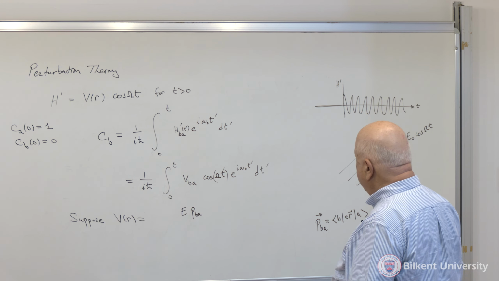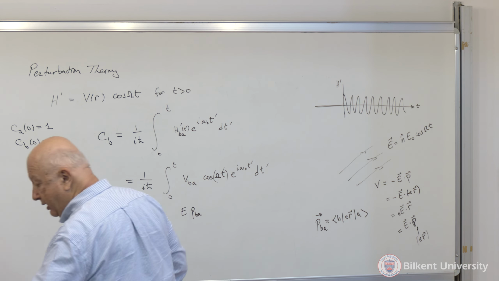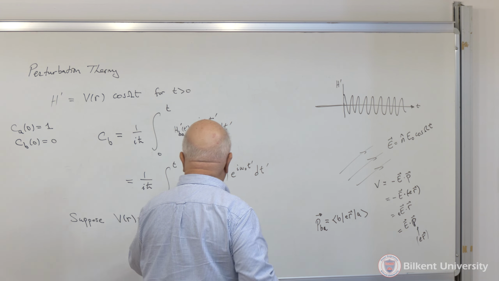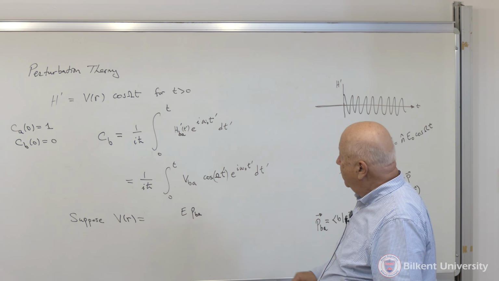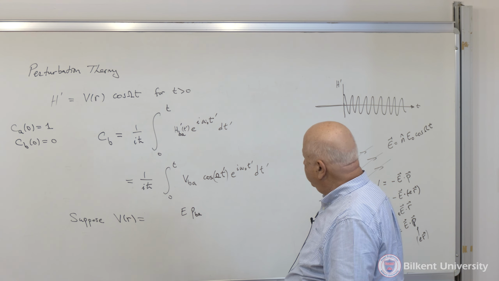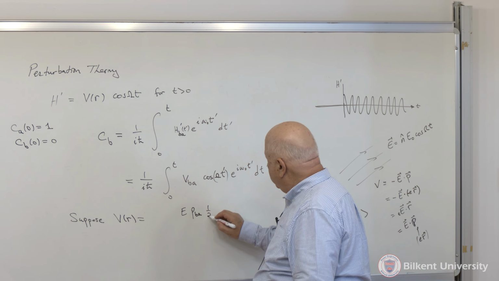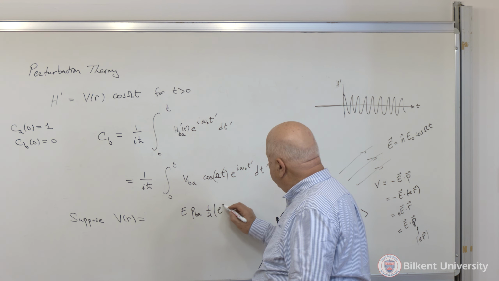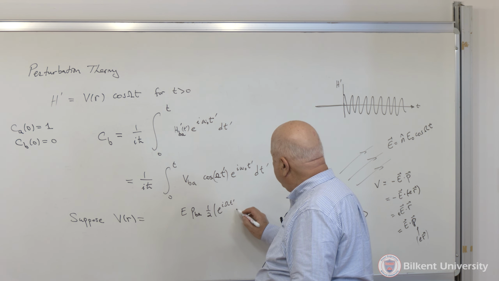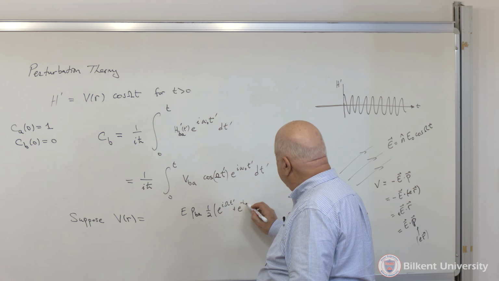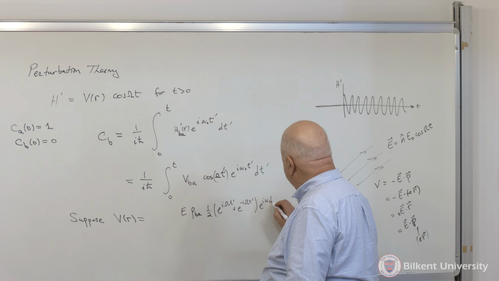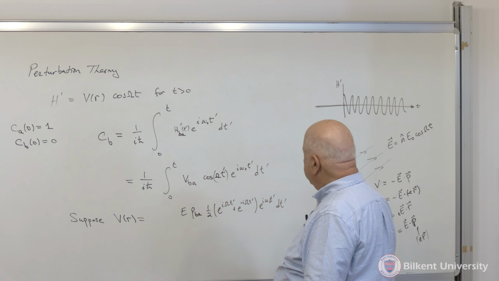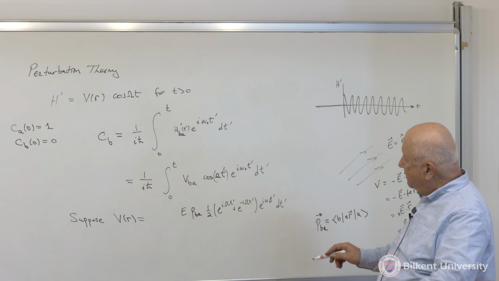So I have some dipole moment associated with the system. It's inside the electric field, and I'm going to put in a 1/2 e to the i omega t prime plus e to the minus i omega t prime and e to the i omega 0 t prime dt prime. So we'll make the same approximation.